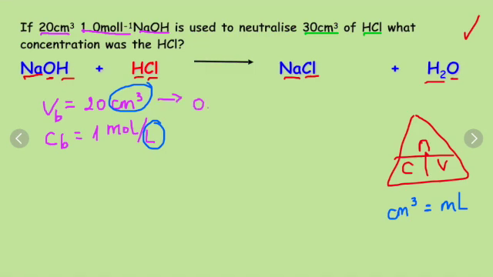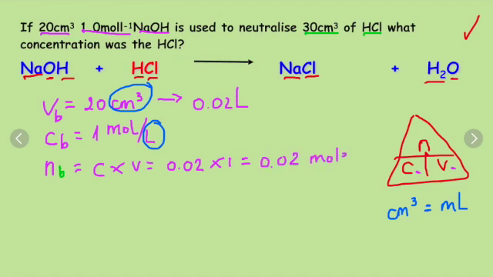So it's 0.02 liters. We have the concentration and the volume, so we can calculate the number of moles. The number of moles of the base is concentration multiplied by volume, 0.02 multiplied by 1, 0.02 moles.